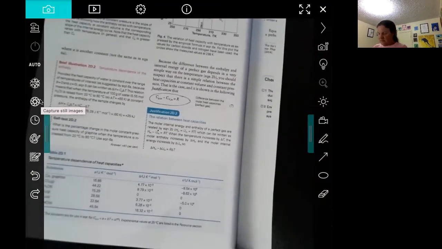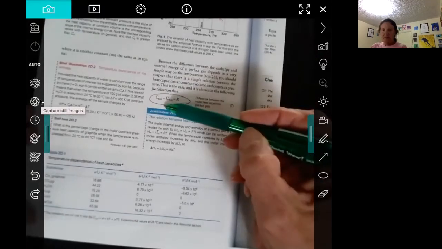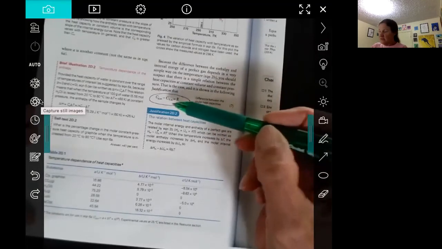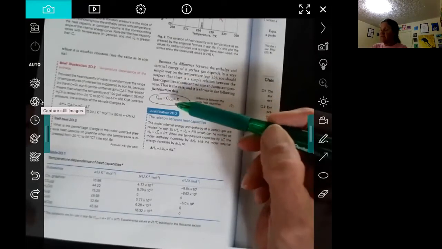So the very last thing in this topic, so the topic within focus 2, is this relationship between Cp, Cv, Cp,m, and Cv,m.